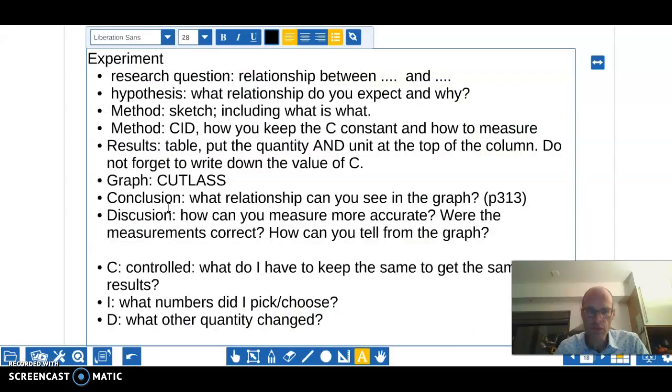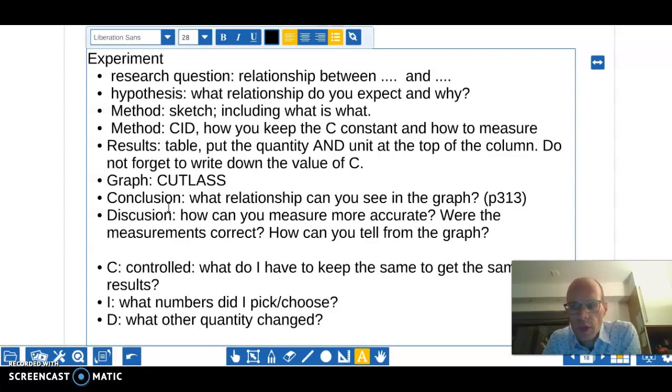Basically, each experiment starts with me telling you to measure something, and then you need to put that into a proper research question. With physics, a research question is almost always: what is the relationship between this and that? And these two things are most often the independent and dependent quantities.